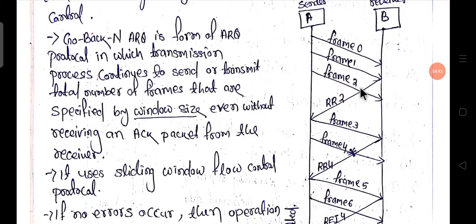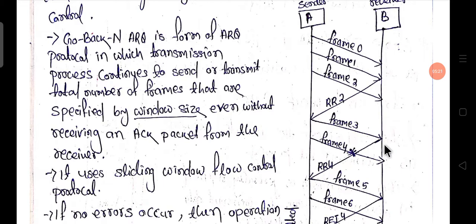After transmission, one acknowledgement, RR2, meaning receive ready, request received 2, comes. After receiving the acknowledgement, the next set, frame 3 and frame 4, is transmitted. But here frame 4 has an error during transmission.